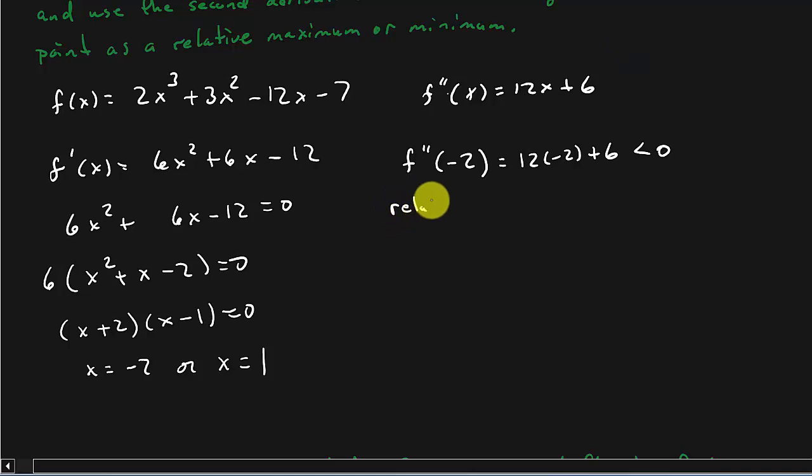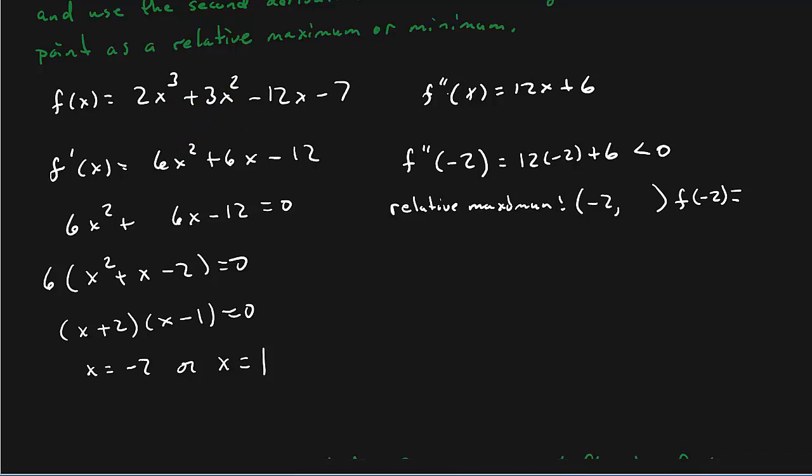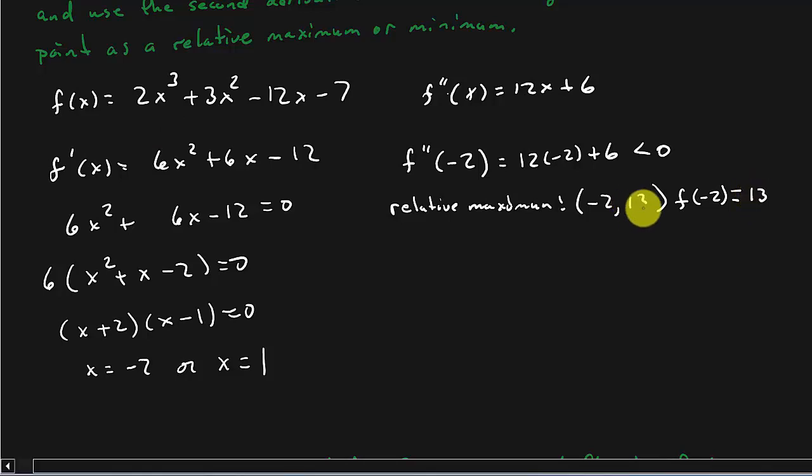So here we have a relative maximum at negative 2, and then we do f of negative 2. So you would plug negative 2 into the original function, and that equals 13. So you have a relative maximum at negative 2, 13.